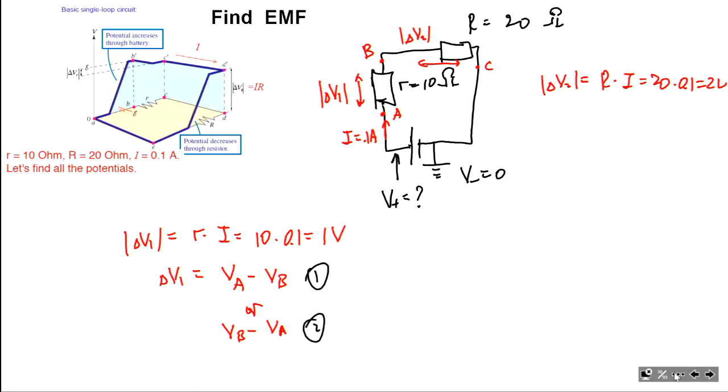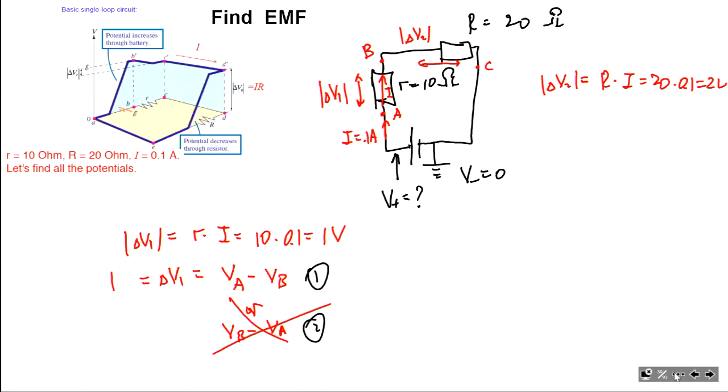How does electric current point? Through this resistor, electric current points from A to B. That makes potential A higher, and the difference has to be positive.